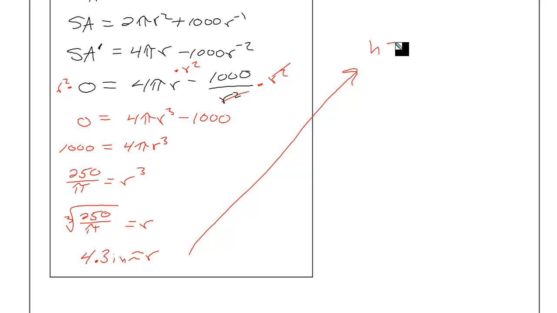Up here we had the height was 500 divided by pi r squared. So that's 500 divided by pi times 4.3 squared. It's going to be 8.6 inches for the height.